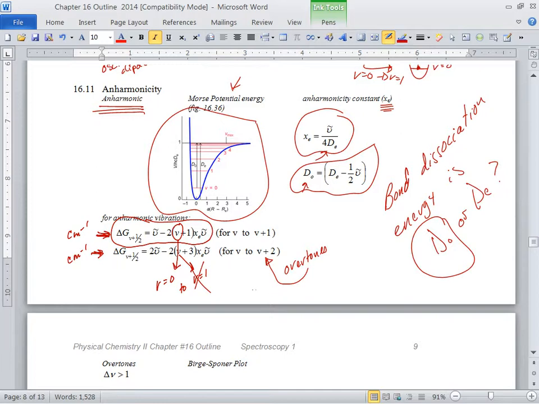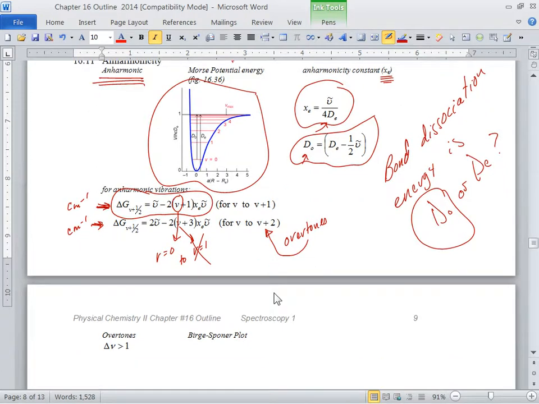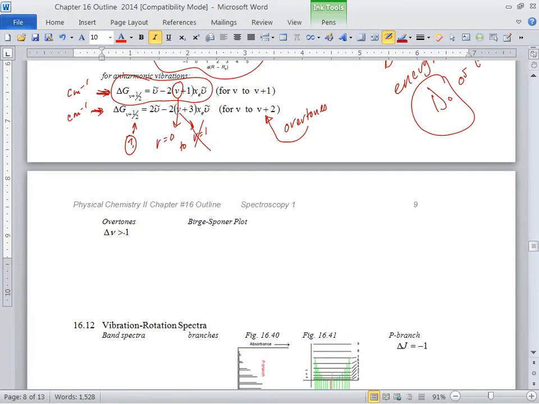I'm not sure why it says 1/2. Oh, that's interesting. See what you're saying? I have to look that up. So they call them overtones when your transition's bigger than 1 unit.